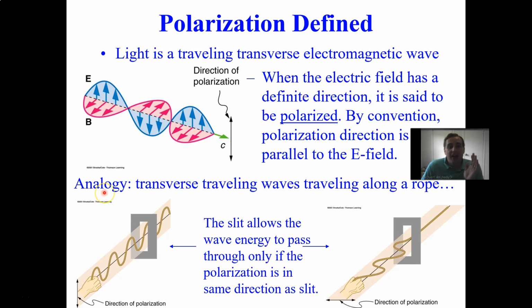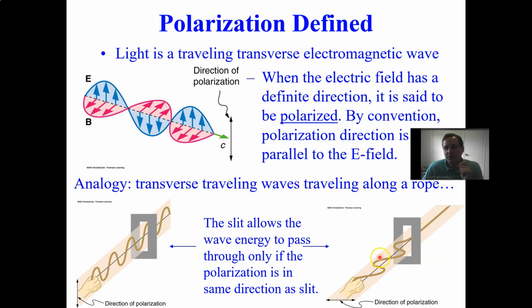Now let's make an analogy of this polarization to traveling waves along a rope. Imagine that you had a vertical slit and you were producing a transverse traveling wave on a string. Well, if the traveling wave on the string was vertically polarized, in other words, it was oscillating up and down in terms of its displacement direction, it would move through that slit unimpeded.